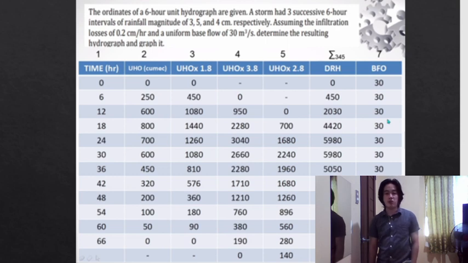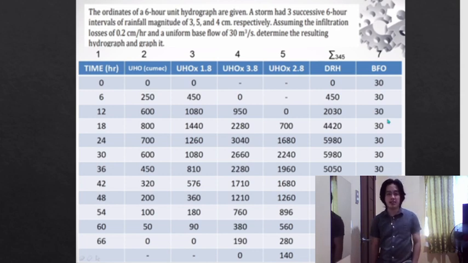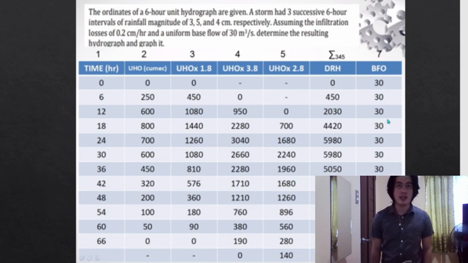So 0.2 times 6 equals 1.2. So 1.2 is the first interval, and the second is 3 cm minus 1.2, equals 1.8. So 1.8 is the second interval.